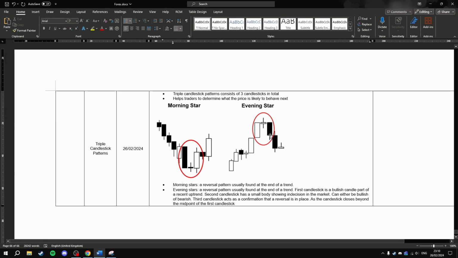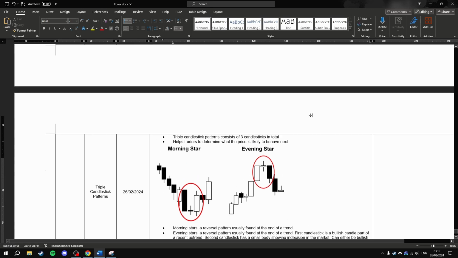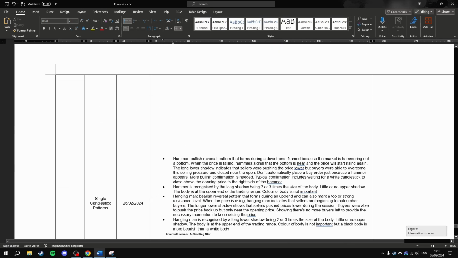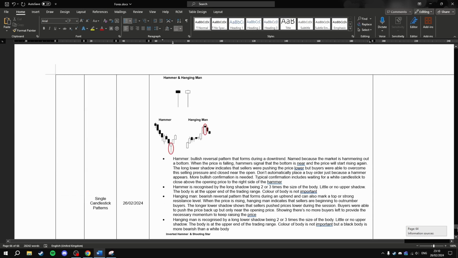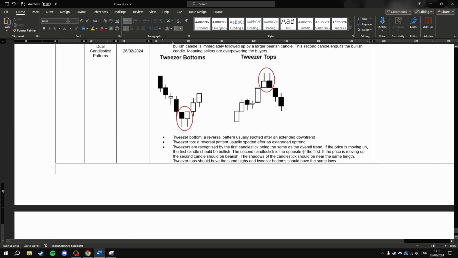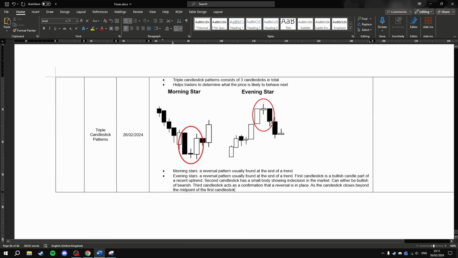So in this one, the closing is on the bottom, below the opening price, so this one closes beyond the midpoint of the first candlestick. So the midpoint's here, it closes beyond that.